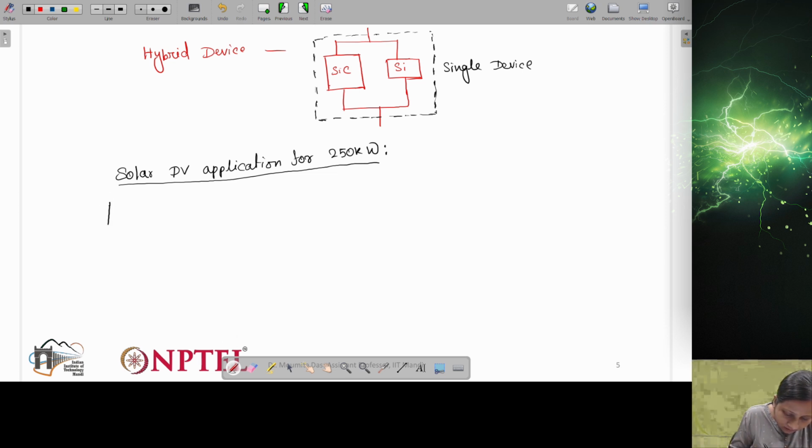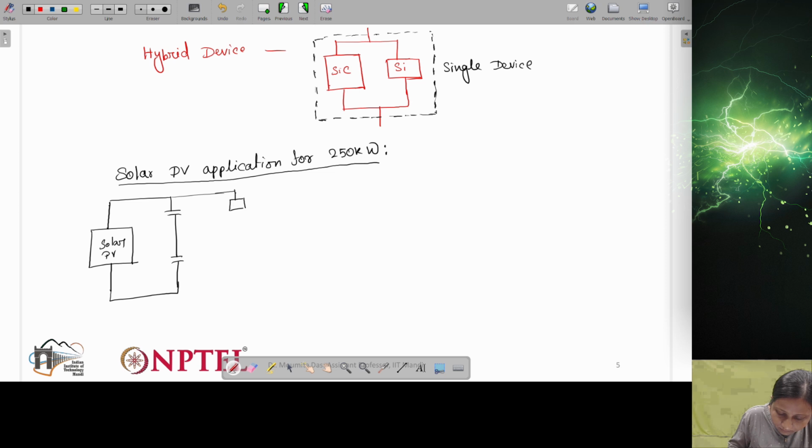So this is the solar PV. It is connected to the filter part here. Now here there are different modules connected.